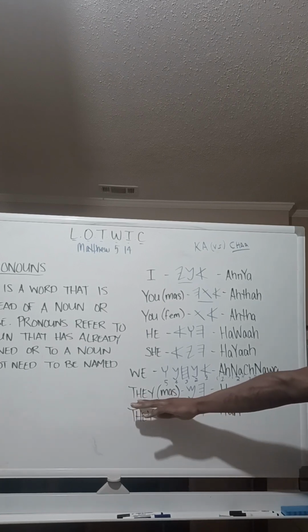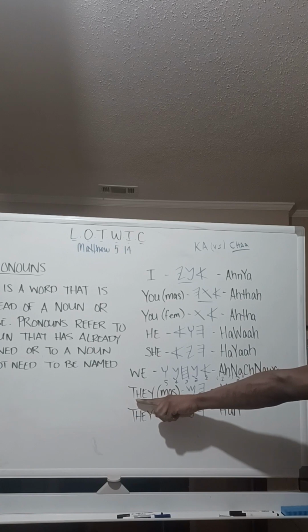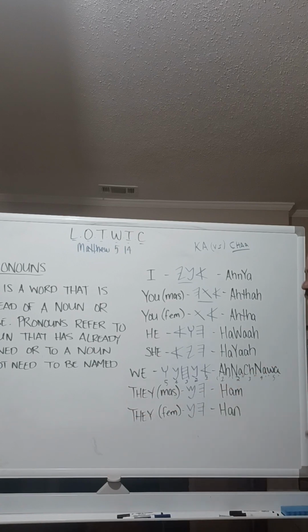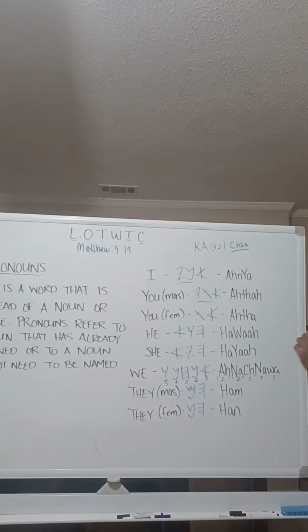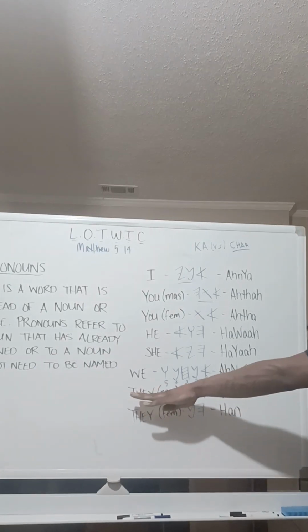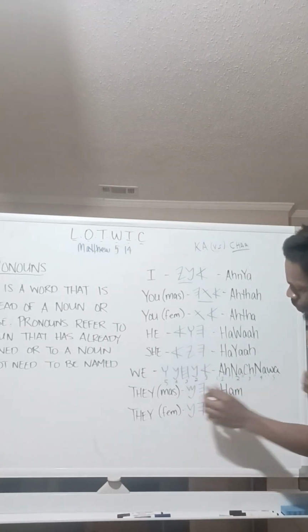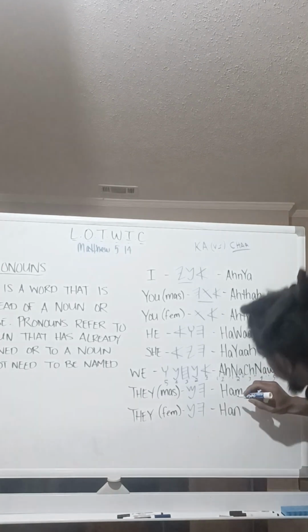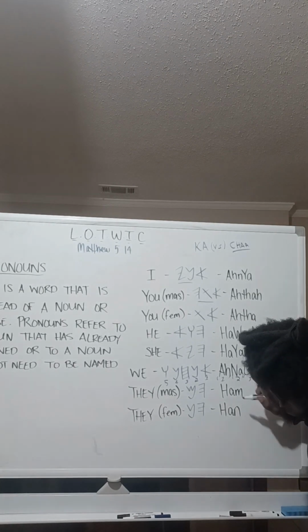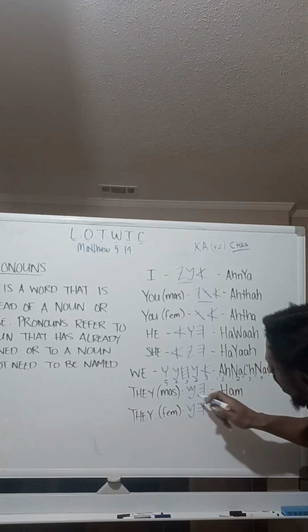So we have the word they. They is ham. But this is the masculine way of saying it. Ham is the masculine way. So you would put an M on it. So this letter, let's say the ha, and these are enjoined.